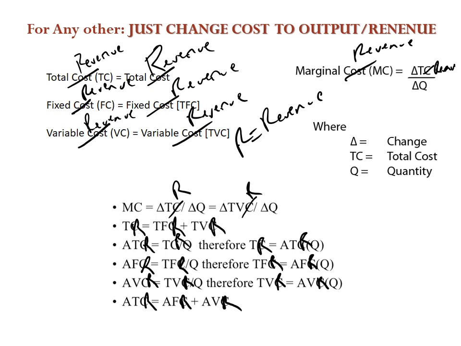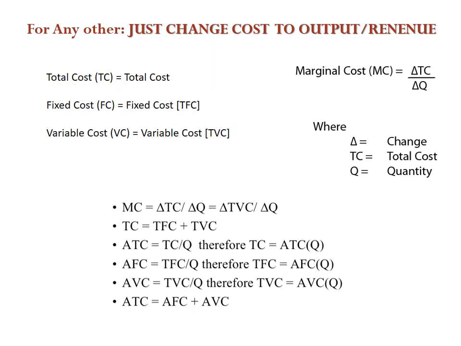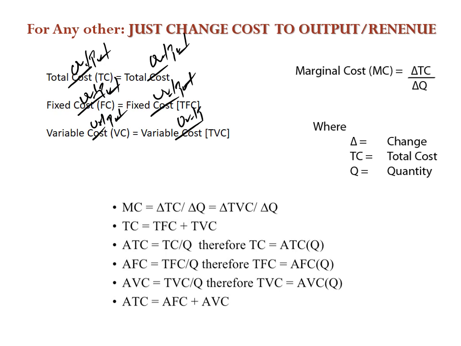The same thing goes if you were going to talk about output, for instance. If we had output, this would just be total output, and your fixed output is the output regardless of whether you're producing or not. Your marginal output will be the change in total output divided by the change in quantity.